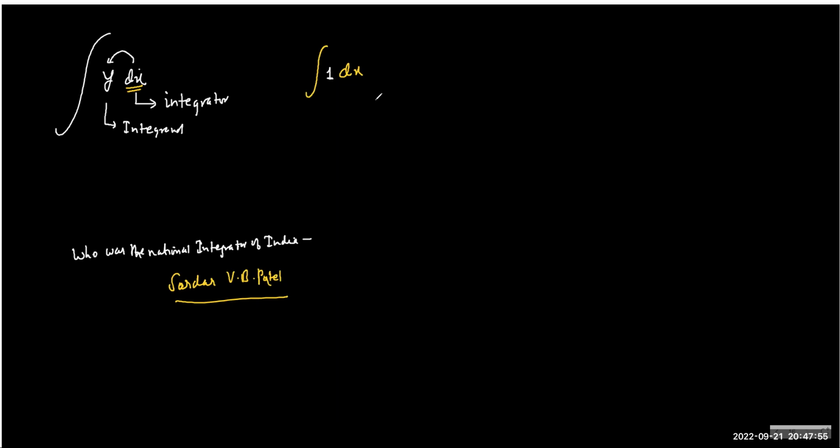If nothing is there, then 1 is there. So the function here is y equals 1. If you see nothing, then you can assume y equals 1.